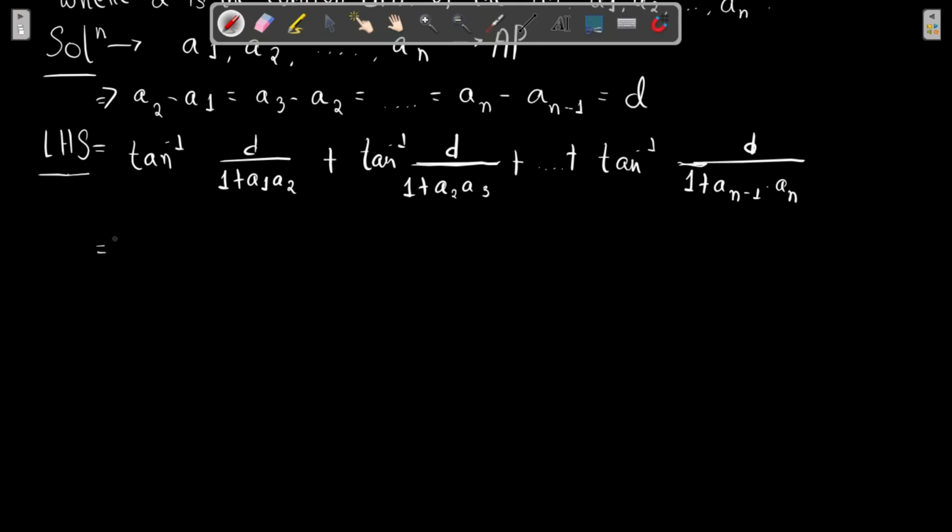So in the first term we can write d as (a₂ − a₁)/(1 + a₁a₂).